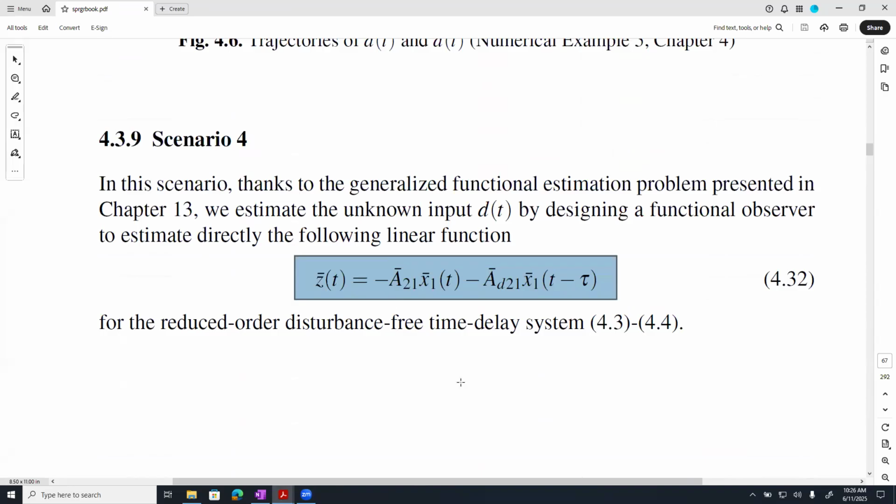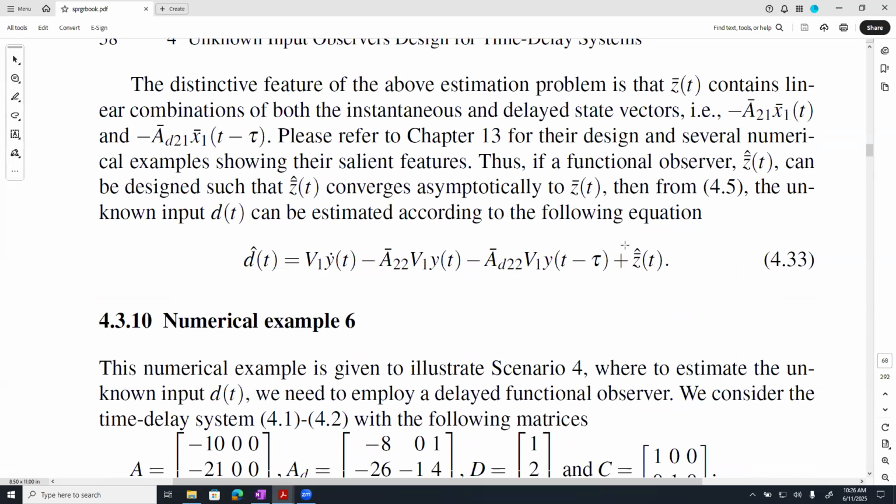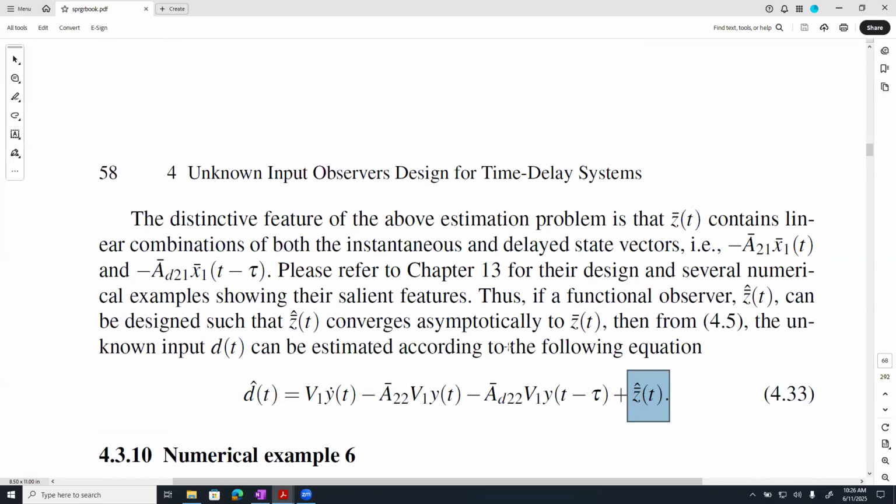And that leads us to a lot of investigative research in the last 2.5 years, and we successfully came up with some methods, and we are able to estimate the generalized functional directly. Okay, so that's the story behind that, and that is scenario 4.